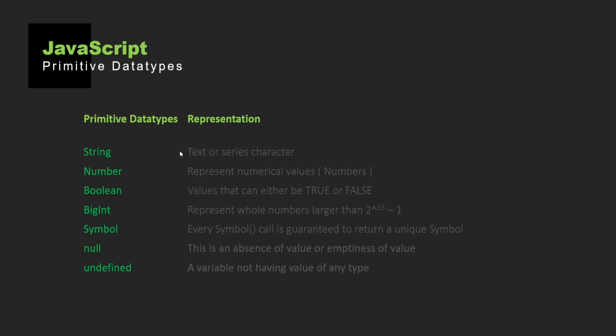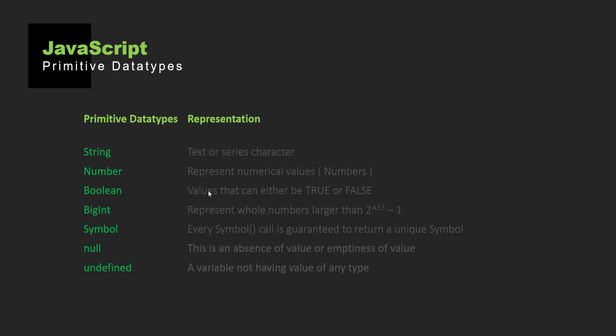So to get started, I'll give you a very quick explanation of what they are. A string, for example, is a text or series of characters. Anything you enclose inside of a single or double quote is considered to be a string. And for numbers, any positive or negative integer that is not higher than this number is considered a number, including infinity and NaN, or not a number, which is also a value but is considered a number as well.